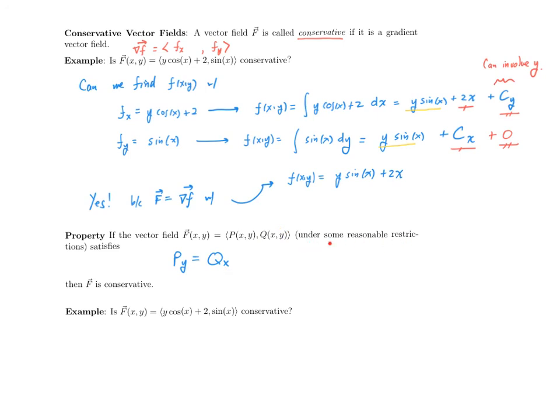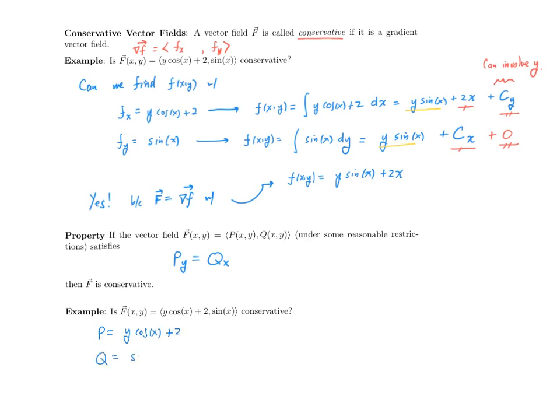And under some reasonable restrictions that you can read in the book, reasonable in terms of our discussions here in a calculus course, we can conclude that F is a conservative vector field. So if we go back to our question that we've previously been asked, we can actually answer this much more quickly if we're not worried about finding a potential function. So P would be the first entry, y cosine x plus 2.